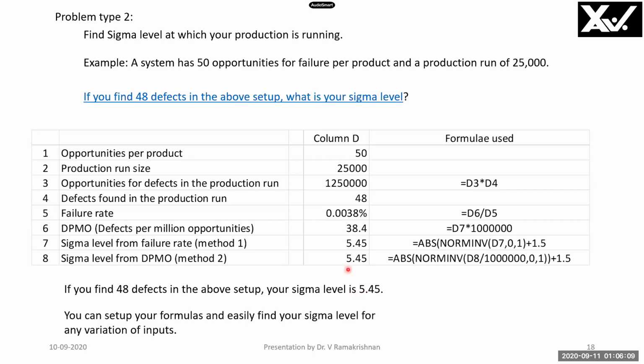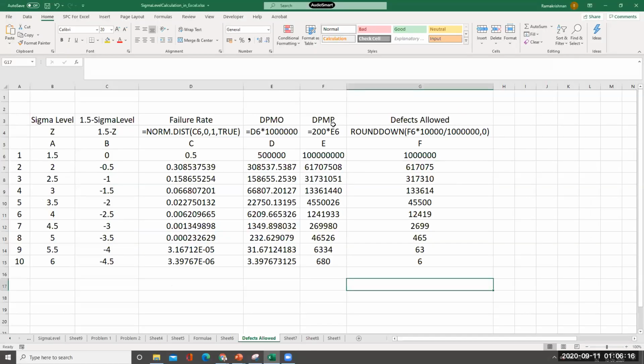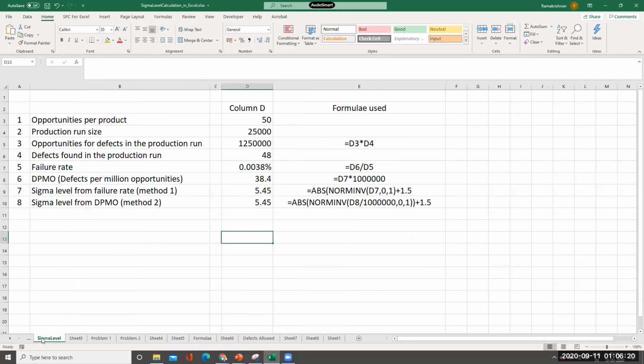This also we will see here. What I will do is go to the table and we will see here. See, this one is 50, 25,000, right? This is 12,50,000. I'll put 50 here. This is 5.44. So I will put 48 here.